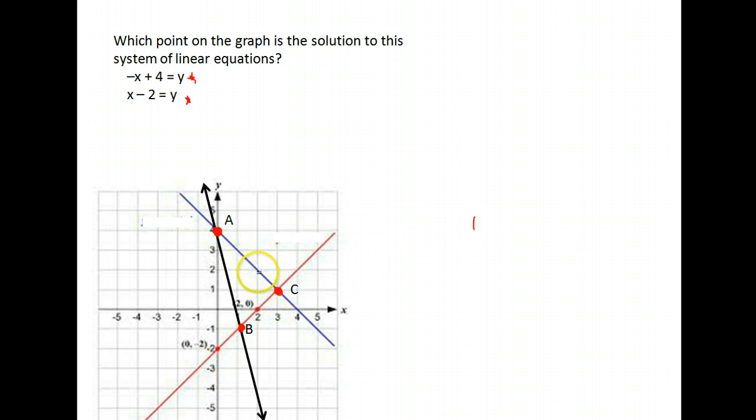The problem is they gave us 3 different lines, and we have to figure out which 2 lines we're working with and which ones would be a solution. One way to solve this problem is to list what the points are. Remember, when you're graphing a point, the first coordinate is the x and the second is the y.